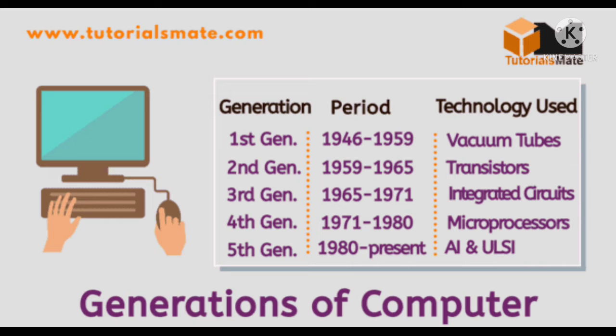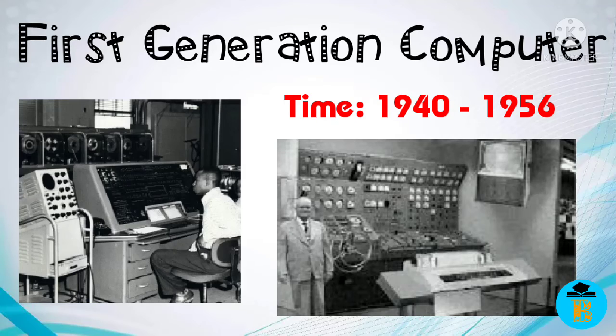The first generation computers used vacuum tubes as the main electronic part. For memory devices, punch cards and paper tapes were used. Magnetic drums were also used for storage. At that time, memory was very expensive.